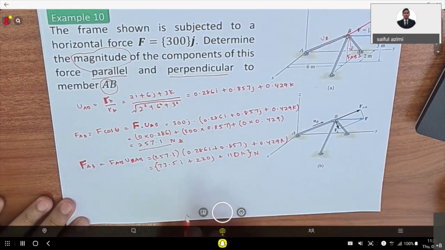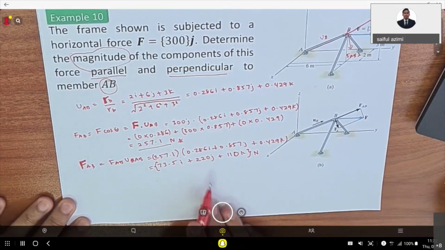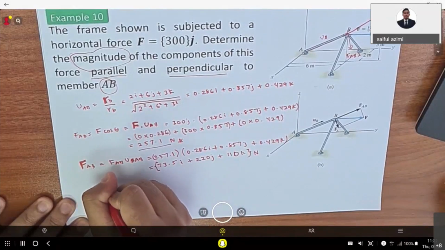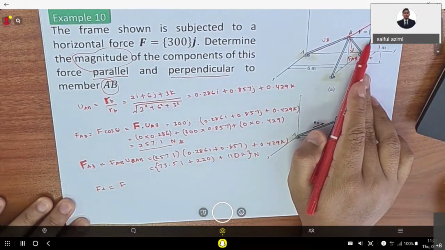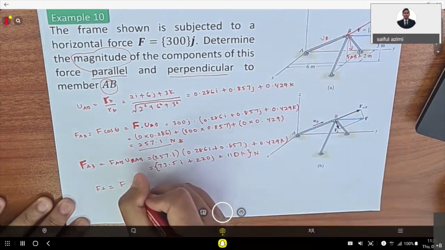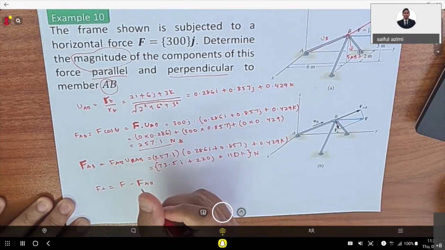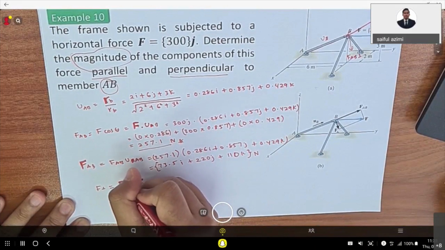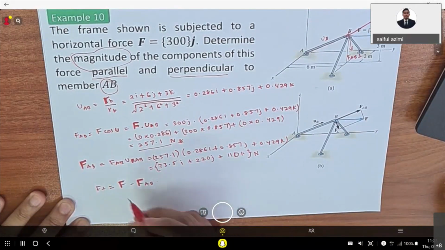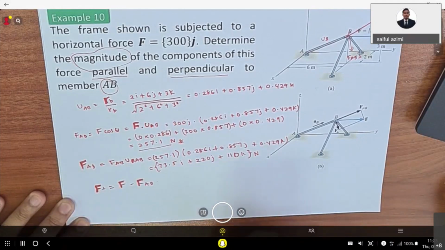And then you wanted to find the perpendicular component, right? So you can simply say F perpendicular equals the force vector F, minus the force vector of AB. This is the bold one. The bold is the vector, the not bold is the magnitude.